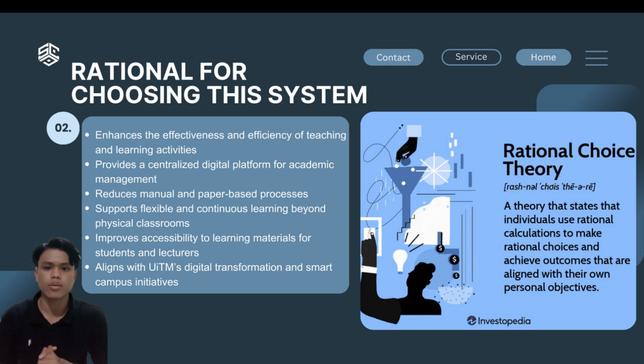The system also supports flexible and continuous learning beyond the physical classroom, while improving accessibility to learning material for both students and lecturers. Overall, UFuture aligns with UiTM's digital transformation strategy and smart campus initiative.